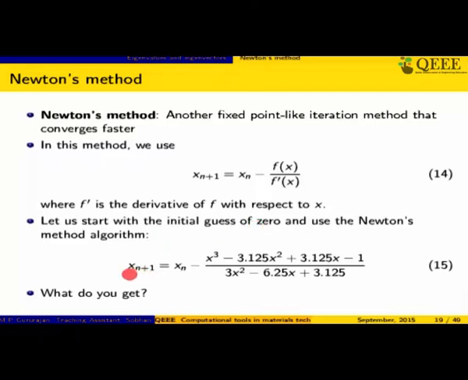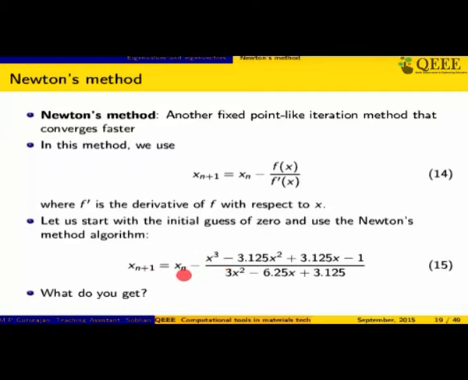So what do we get? We want to say x_{n+1} is equal to x_n minus x_n cube minus 3.125 x_n square plus 3.125 x_n minus 1, because that is the polynomial for which we are trying to find the zeros. And if you differentiate it with respect to x, you will get 3x squared minus 2 into 3.125x plus 3.125, 1 goes away. So this is the function which we want to iterate.